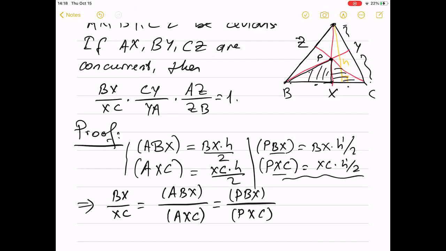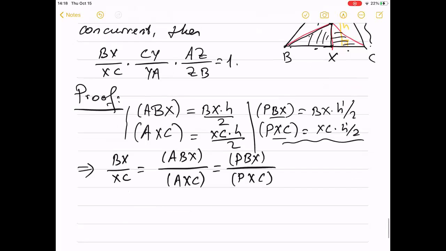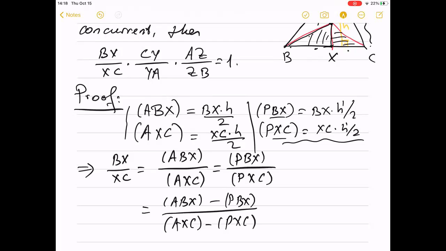So now this is also equal to ABX minus PBX over AXC minus PXC.